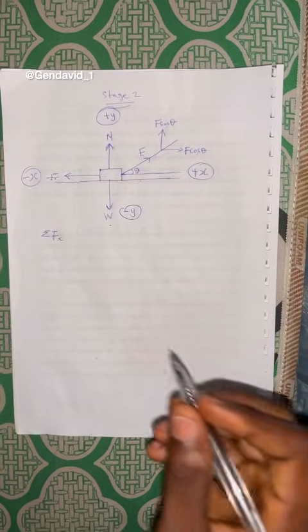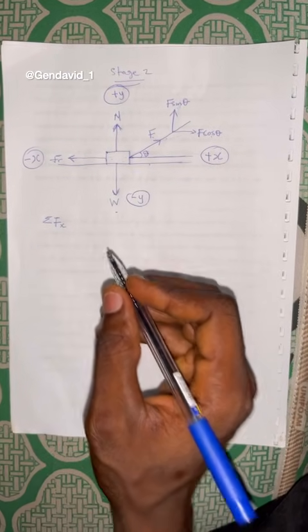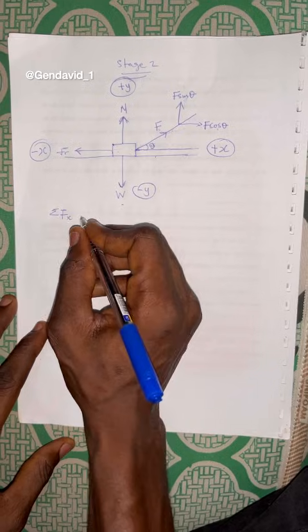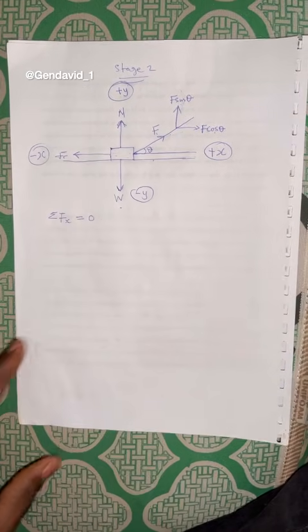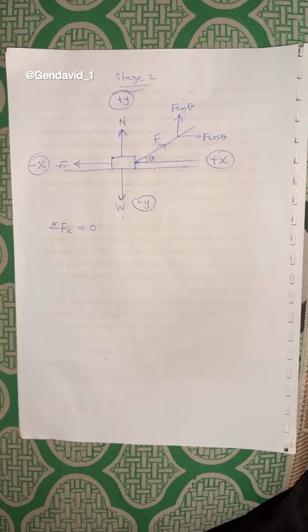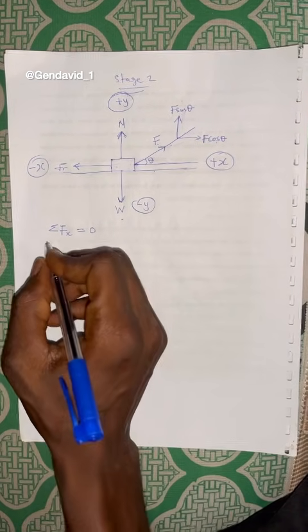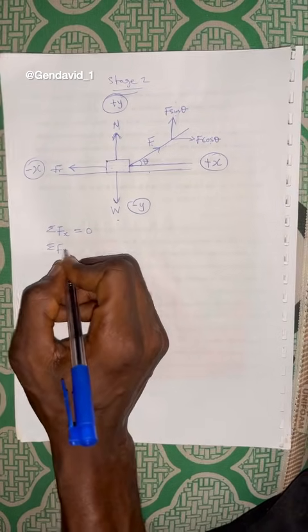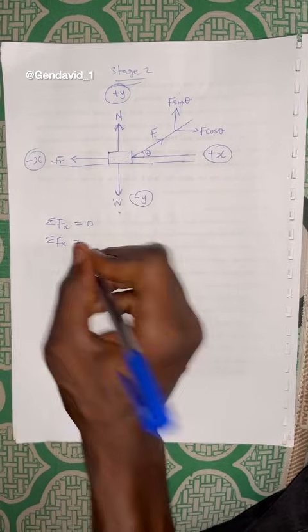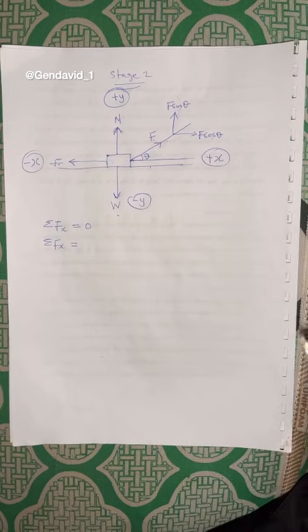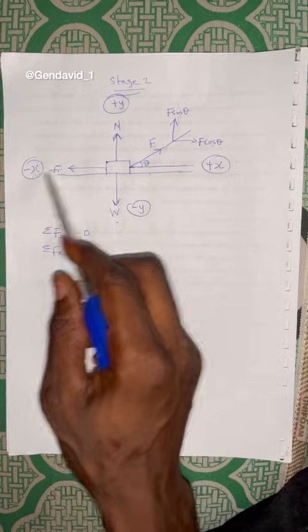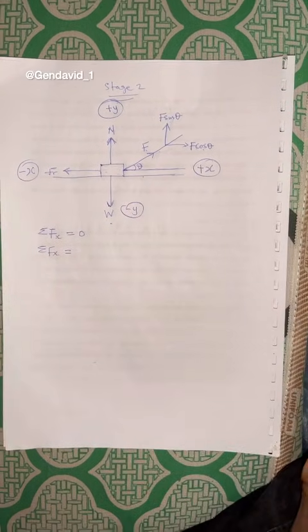Now, as you all know, summation Fx will be equal to 0 for the horizontal. So you now ask yourself, what are the forces that go to horizontal?